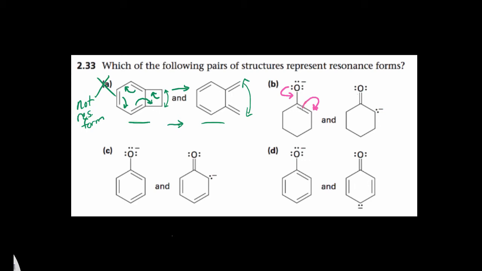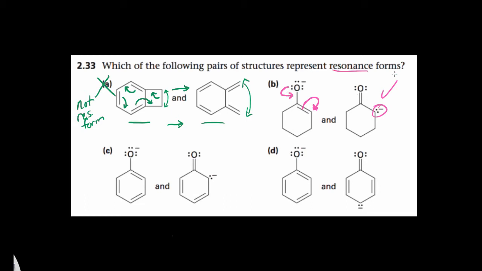You don't have to actually go all the way to the double bond, but you can, that's okay too. The tail starts at the pair of electrons, and the head is where the electrons end up, which is here in this lone pair on this carbon atom. So that's a very specific way of drawing curved arrows, and it's the only right way to do it. And these are resonance forms because you're only moving electrons.